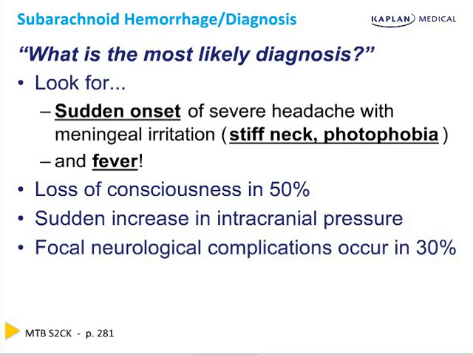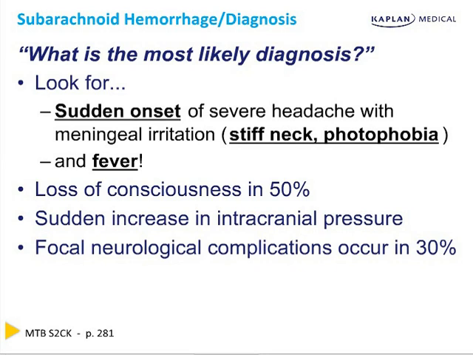In addition, there are focal neurologic complications. Now that by itself, which is to say my arm is numb, my leg is weak, I have a sensory disturbance, I have ocular problems, by itself that's not enough to distinguish it from meningitis, because one of the things that the average person doesn't know is that meningitis gives neurological abnormalities in 30% as well.